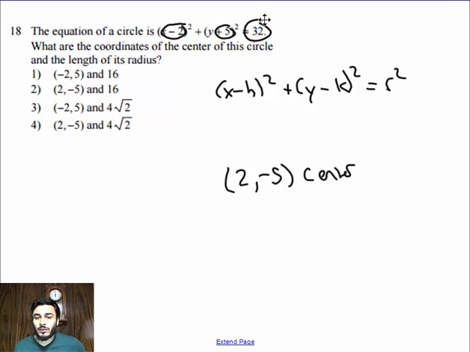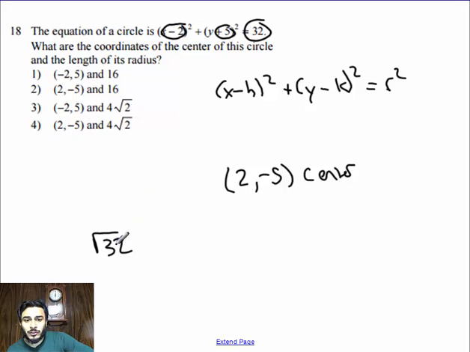To get the radius, you have to take this 32 and square root it, because that 32 is the radius squared. So to get the radius, you have to undo that squaring, which means we have to square root radical 32. When we square root 32, of course, we get a decimal.